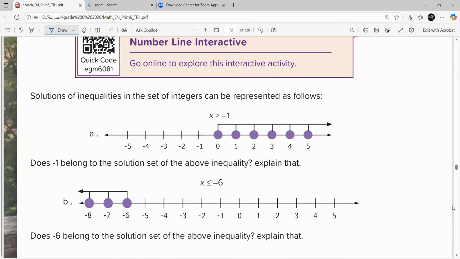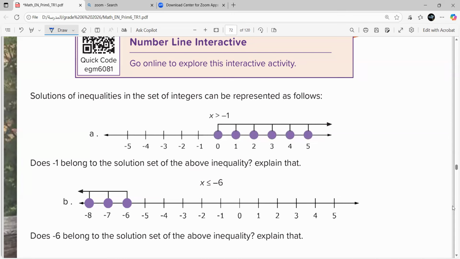What does it mean? x is greater than -1 means all numbers that are greater than -1. So what are the integers greater than -1? Integers greater than -1: 0, 1, 2, 3, 4, 5, and so on, with no end. There is no limit for this inequality.